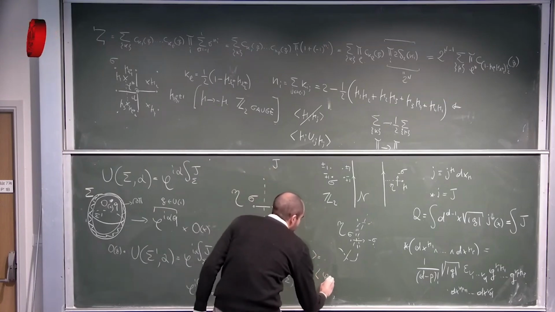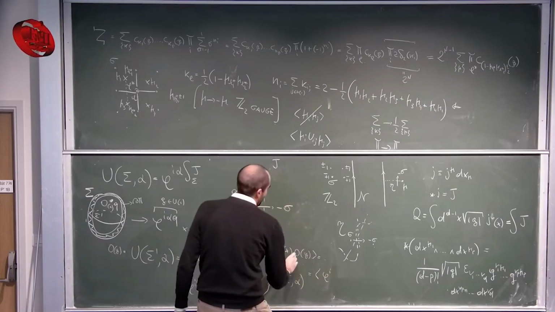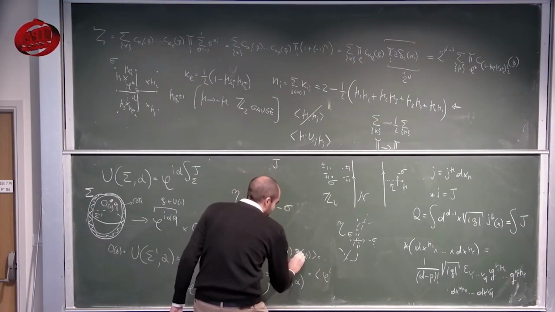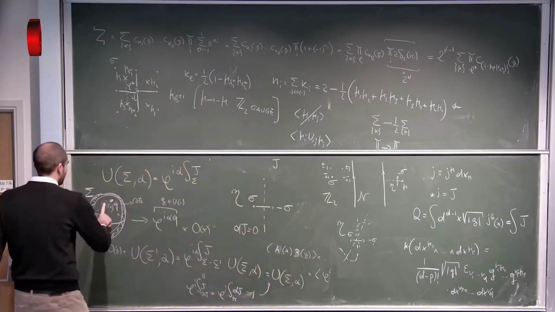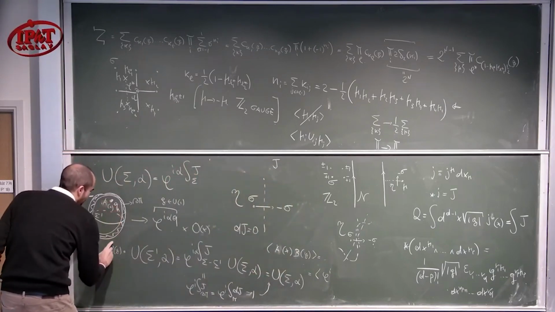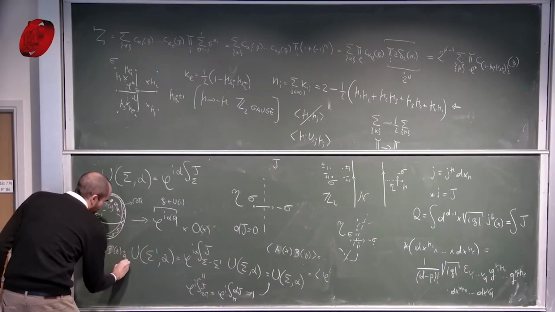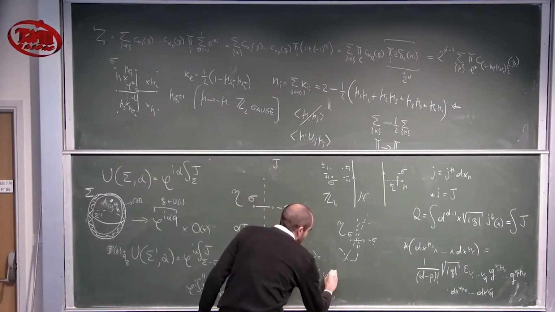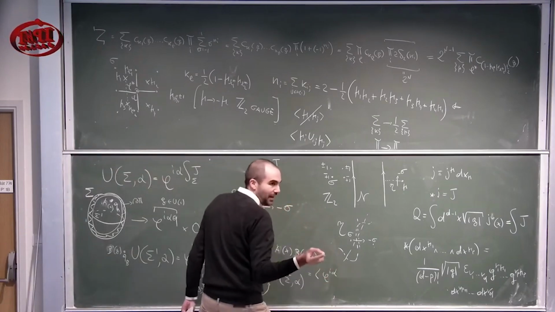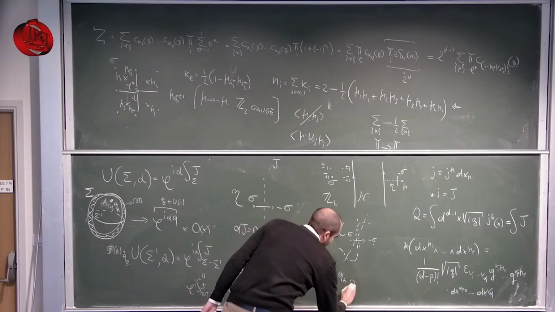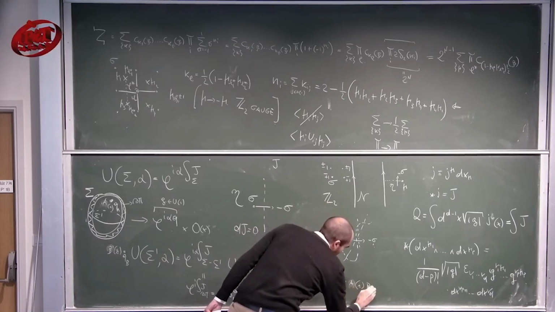Then this would give me e to the i. Let me call them O1 and O2, so it's even clearer. Okay? So A is inside, and it has charge Q_A, and B is outside, and it has charge Q_B. Then the action is e to the i alpha, where alpha is again the parameter of the transformation of your choice, Q_A, times the correlator of A of x, B of y.